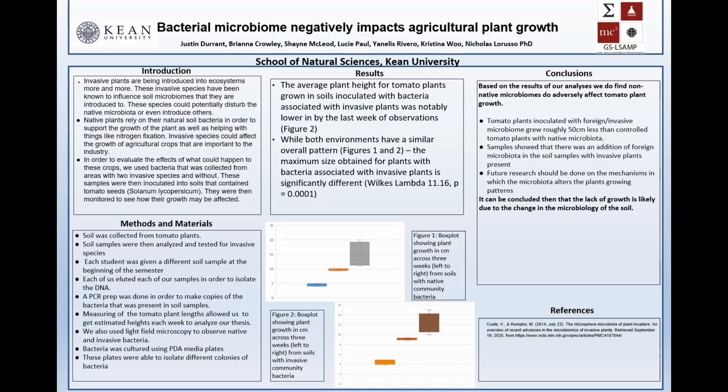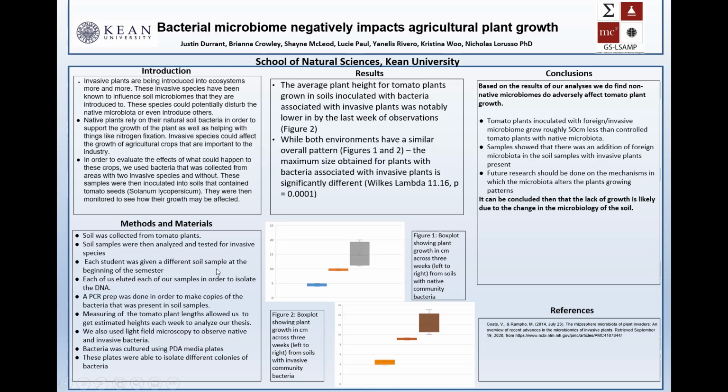So what we did was we collected soil from 5 different areas that we knew had invasive species, and samples from 5 areas that we knew were native. Now, our method section down here.